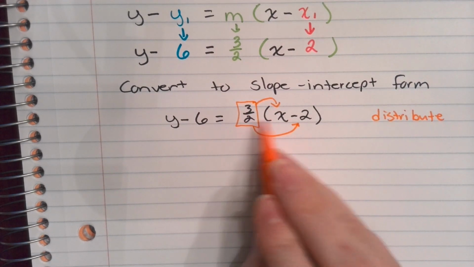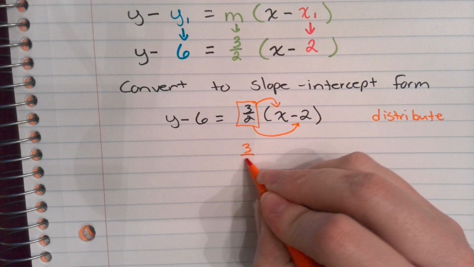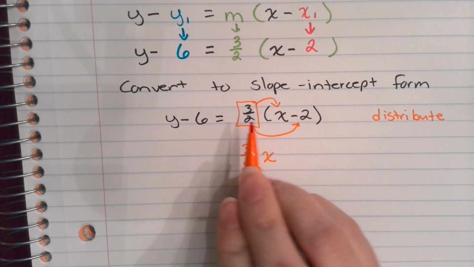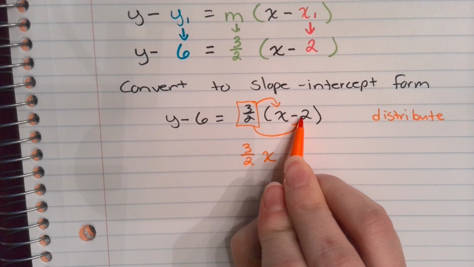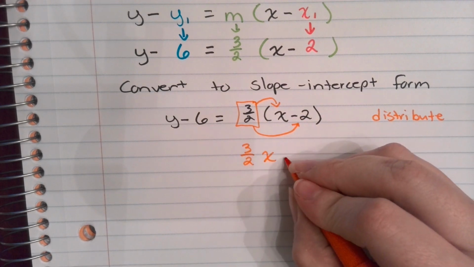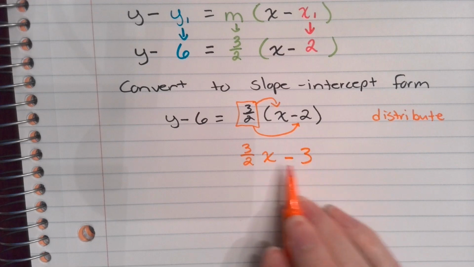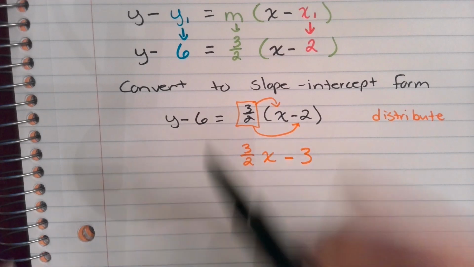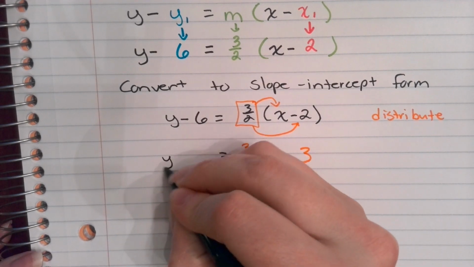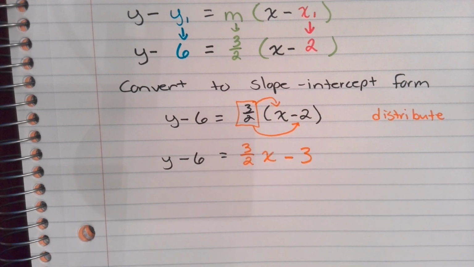So 3/2 times x is going to give me 3/2 x. 3/2 times a -2 is going to give me a -3. So I now have 3/2 x minus 3. On the other side, I still have that y minus 6.